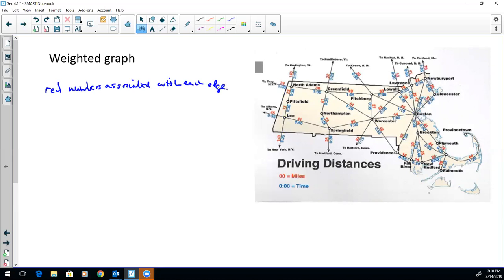And I've got, these are two different sorts of real numbers here. Is this weighted by distance in this case, and it's also weighted by time. Okay, some things are farther away, but not necessarily take you that long to get there. Okay, so this will be a weighted graph, or it could also be called a network.